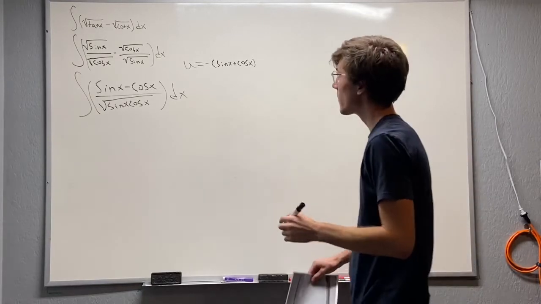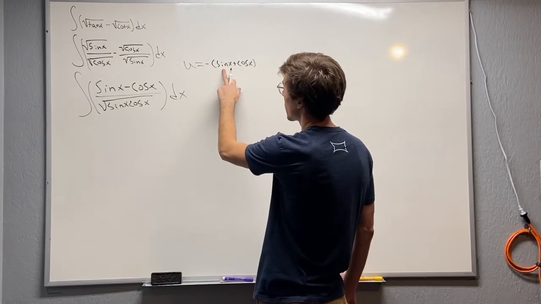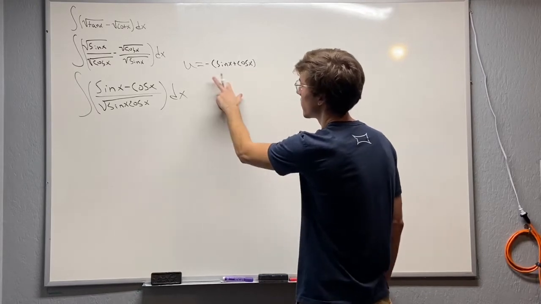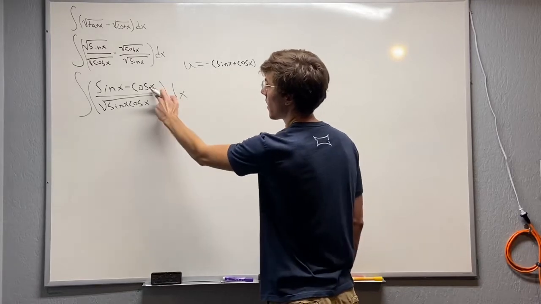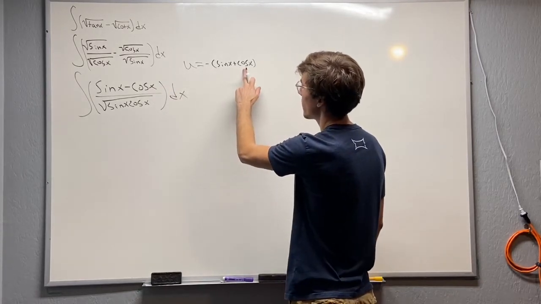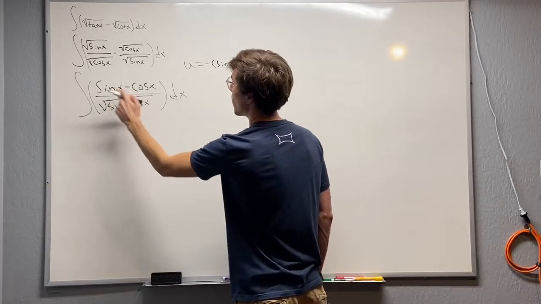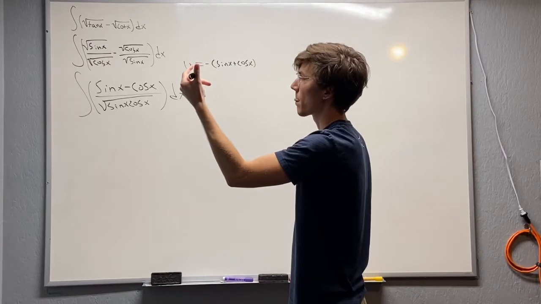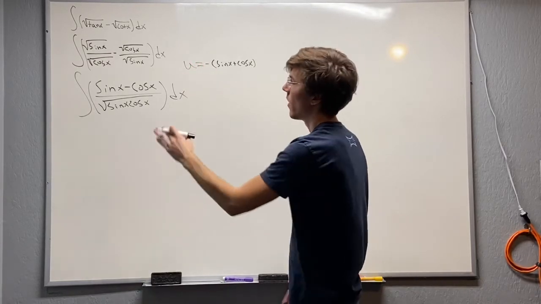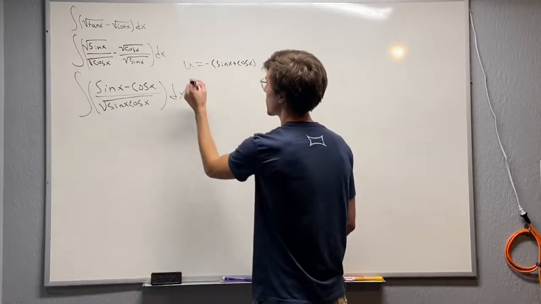If we distribute that out, that's going to be negative sine of x, negative cosine of x. And when we take the derivative of negative sine, it becomes negative cosine. And when we take the derivative of negative cosine, it becomes positive sine. So really what we're doing with this u sub is we're trying to think of something whose derivative takes out the numerator.